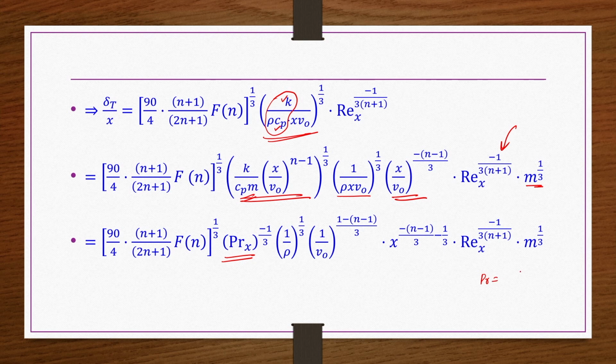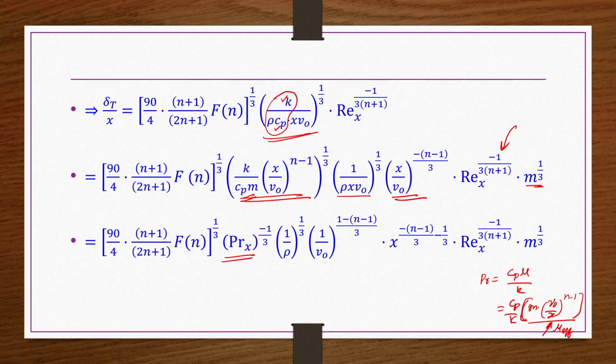Prandtl number for a Newtonian fluid is Cp mu by k. So, in place of mu you can write m times v naught by x whole power n minus 1, which is the effective viscosity. This is nothing but mu effective for a power law fluid.